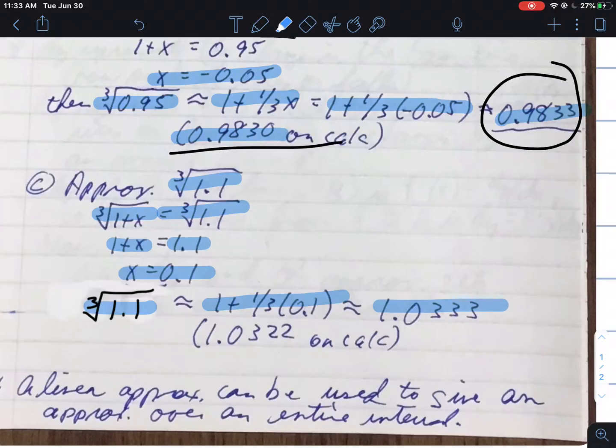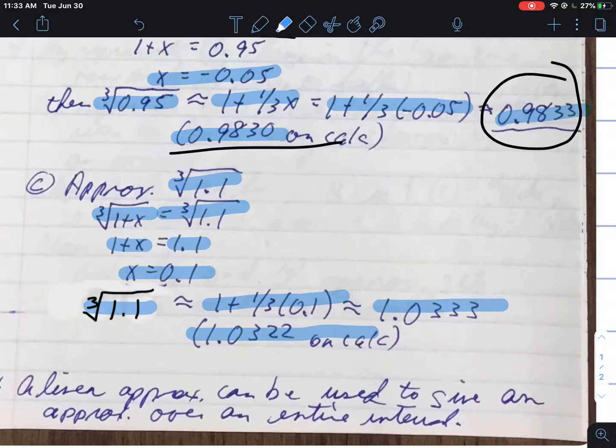Now if you were to plug cube root of 1.1 into the calculator, you're going to get approximately 1.0322. So it's pretty close, 1.0333, 1.0322. A decent approximation.